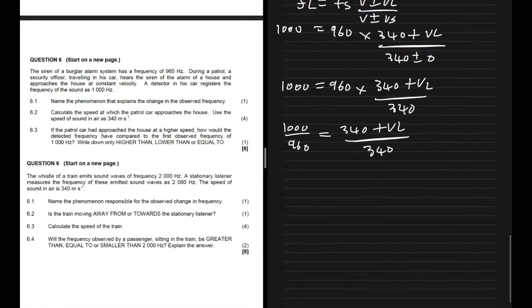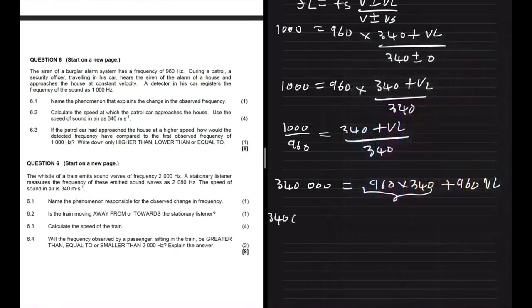We're going to cross multiply, so we have 340,000 equals 960 multiplied by 340 plus 960 multiplied by VL. I'm going to take this to the left hand side so that I can isolate VL. So we have 340,000 minus 960 multiplied by 340 equals 960 VL.